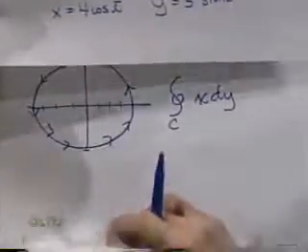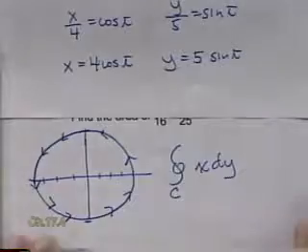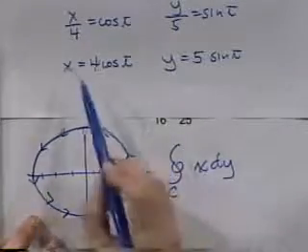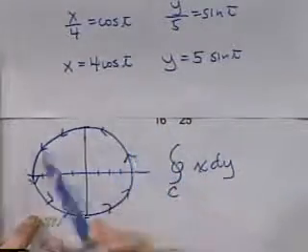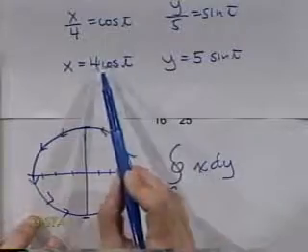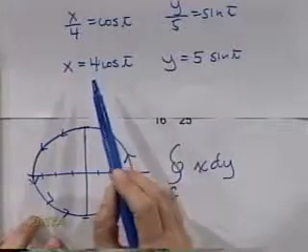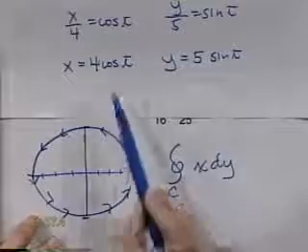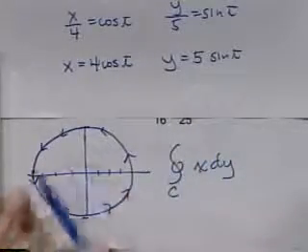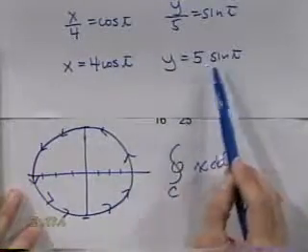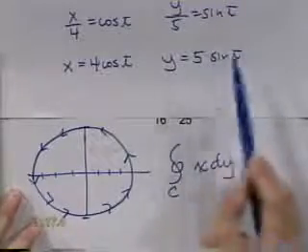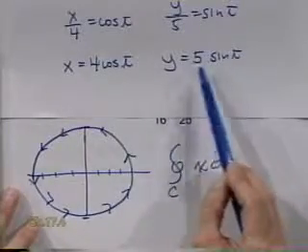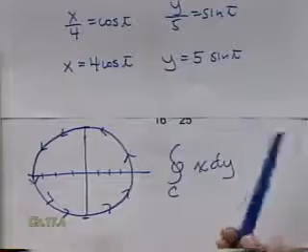Notice how nice this is. This isn't that awful. Notice as t ranges from 0 to 2 pi, since you have 4 cosine, that's making your x-coordinate go from 4 to minus 4. You with me? And as sine goes through the whole rotation, your y-coordinate's going from 5 to minus 5, and that's how you're getting the ellipse.